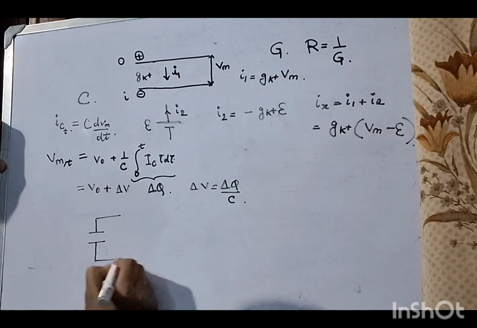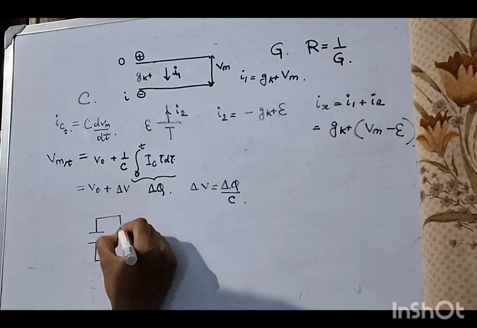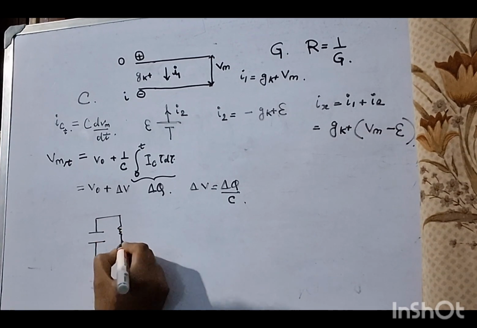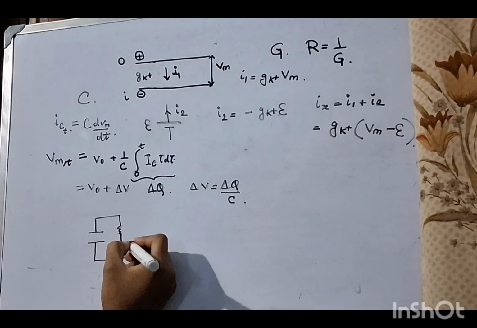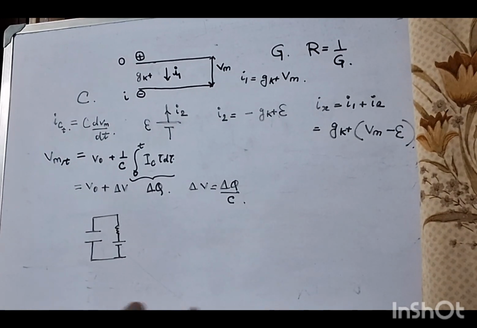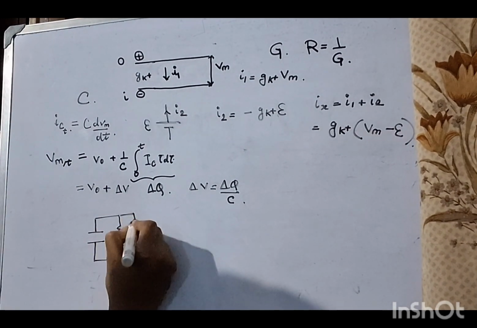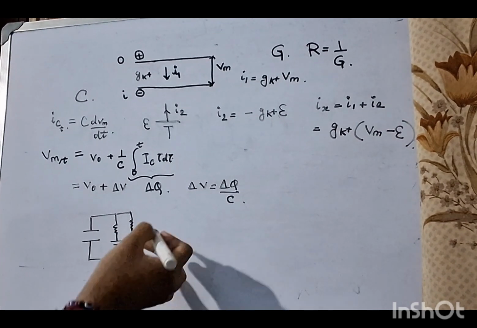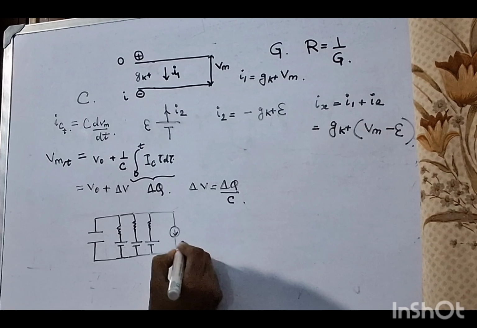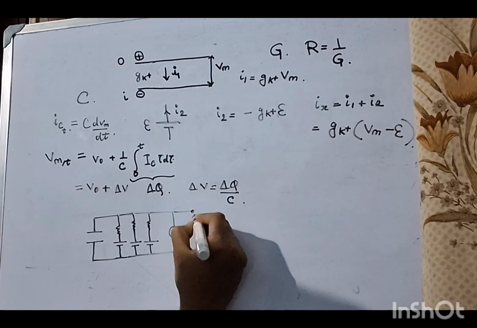This is the capacitor, or the membrane. It is connected in series with the cell, which is equivalent to the concentration gradient for each individual ion. Suppose for sodium, for potassium, and so on. For potassium and sodium, it will be the reverse. This is the total current which is flowing, and this is the transmembrane potential.